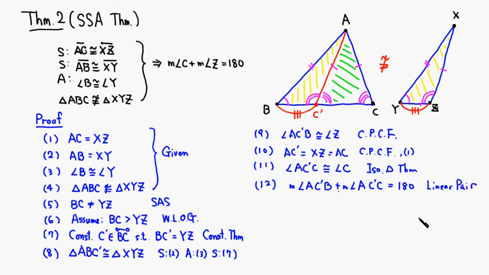But angle AC prime B is congruent to angle Z, so I think we have the conclusion. Therefore, the measure of angle Z plus, since AC prime C is congruent to angle C, the measure of angle C, the sum is equal to 180.